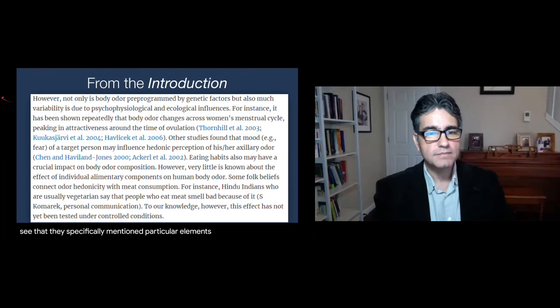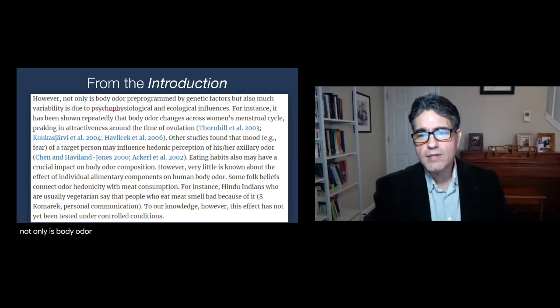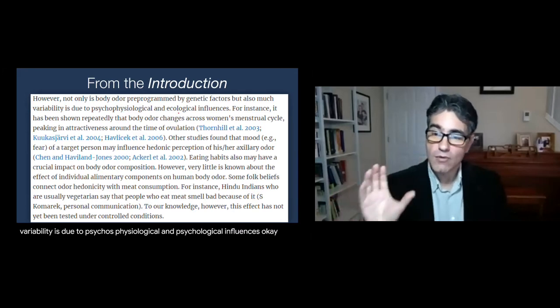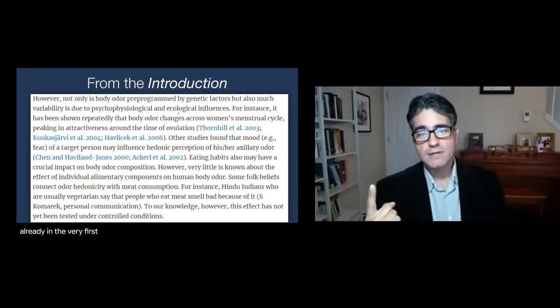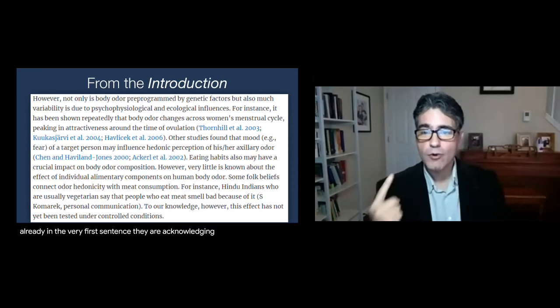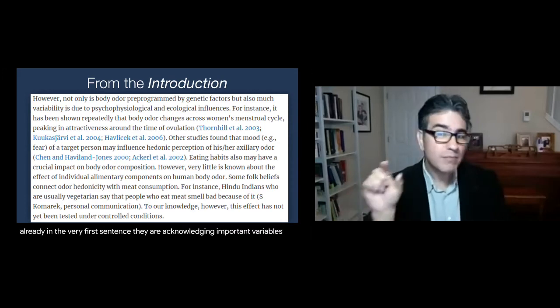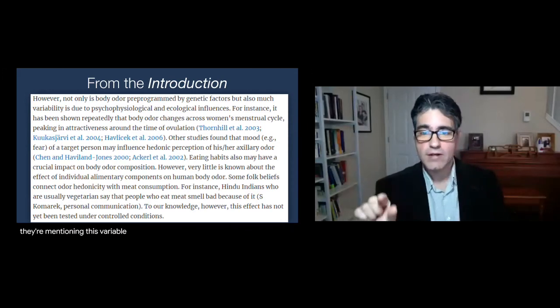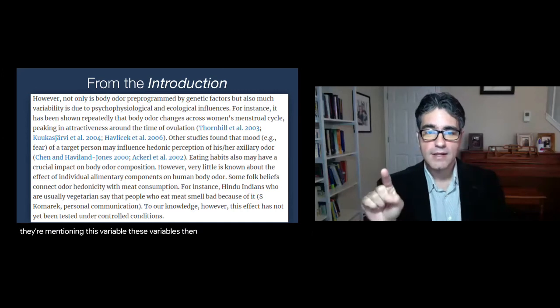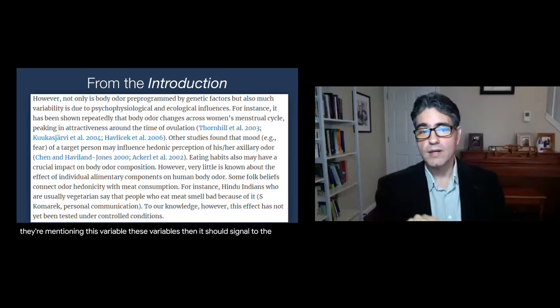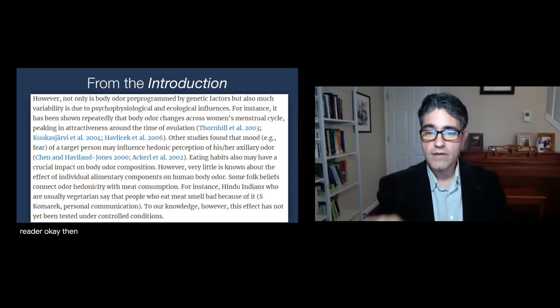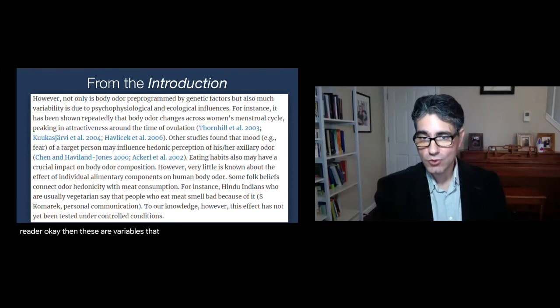So here they say, however, not only is body odor pre-programmed by genetic factors, but also much variability is due to psychophysiological and ecological influences. Okay, so already in the very first sentence, they are acknowledging important variables. If they're mentioning these variables, then it should signal to the reader, okay, then these are variables that should be controlled for.